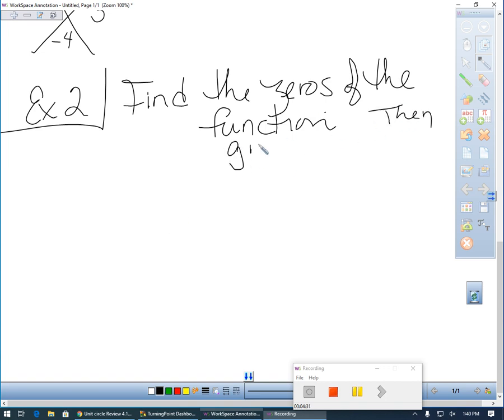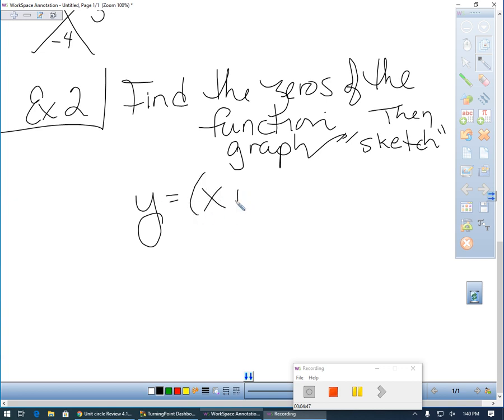Now, when I say graph, I want you to think of it as a sketch. And I'm going to explain why in a second. Okay. So, let's say it's already in factored form. Let's say I have y equals x plus 2, x minus 3, and x minus 5. Okay? First thing we have to do is find the zeros.